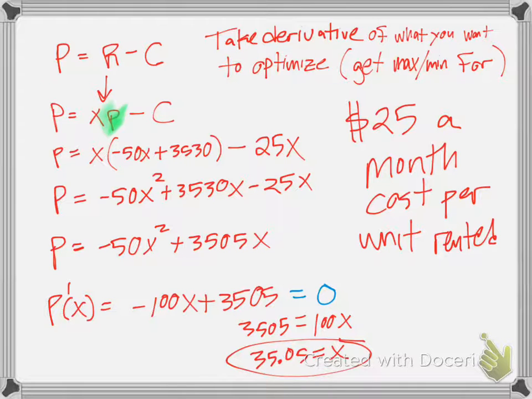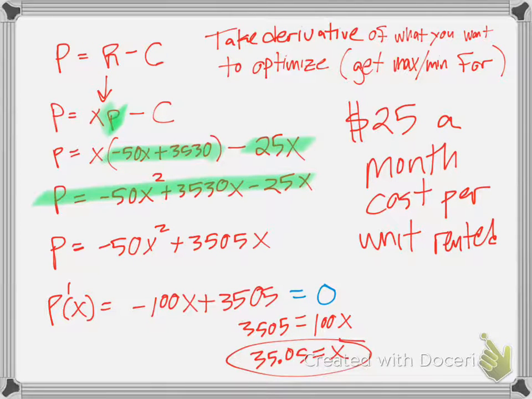Revenue is X units times P price, and that P stands for the P equation that I just came up with, highlighted there in green. So I substitute in the stuff I know. And by the way, remember my cost is $25 per X unit. So the demand curve I just developed goes in for P, times X is revenue, and then subtract 25X, my cost. Altogether, there's my profit function.